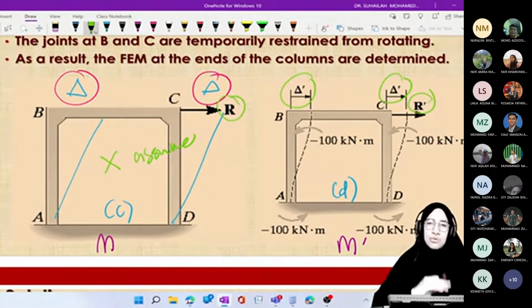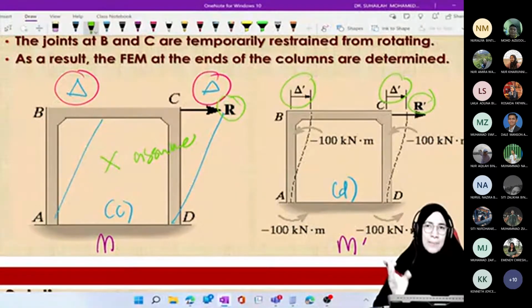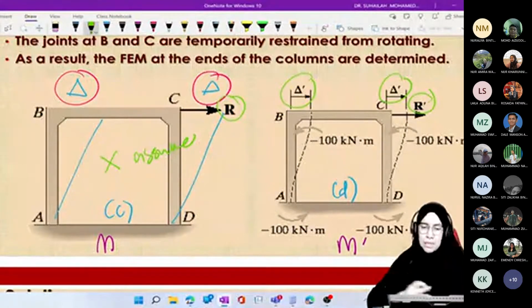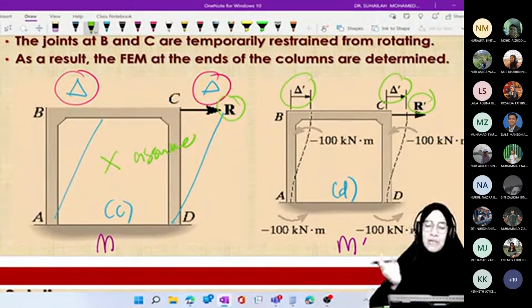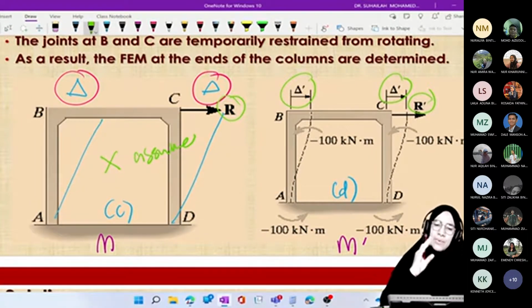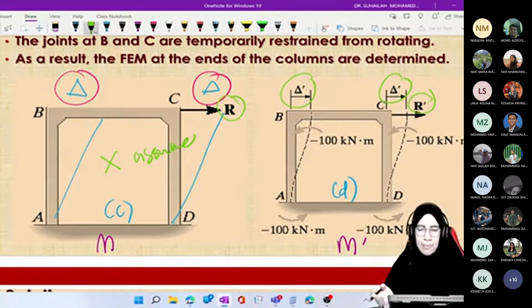So what we should do is apply diagram D. All is the same except the label. The geometry is the same. If in C we have R, in D we have R prime. If in C we have delta, in D we have delta prime. If in C we have M, in D we have M prime.